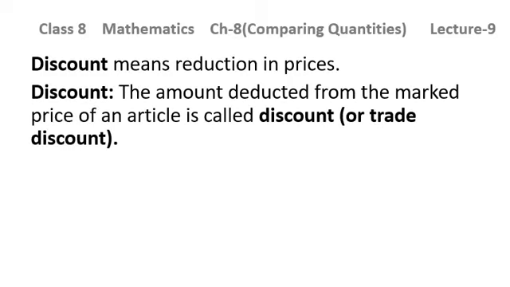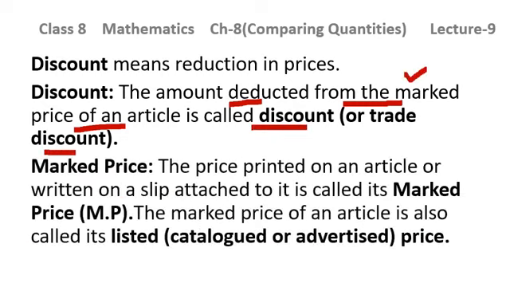So how will you define discount? The amount deducted from the marked price of an article is called discount or trade discount. What is this marked price? Let us see now. Marked price, the price printed on an article or written on a slip attached to it is called its marked price.